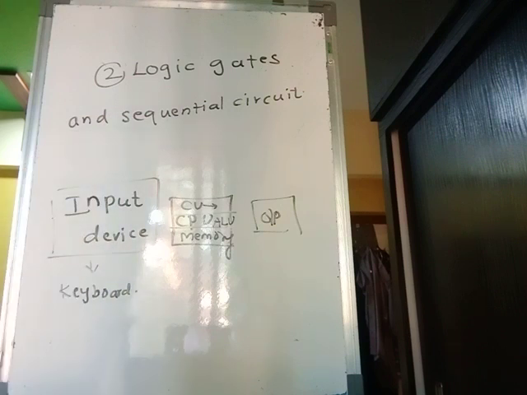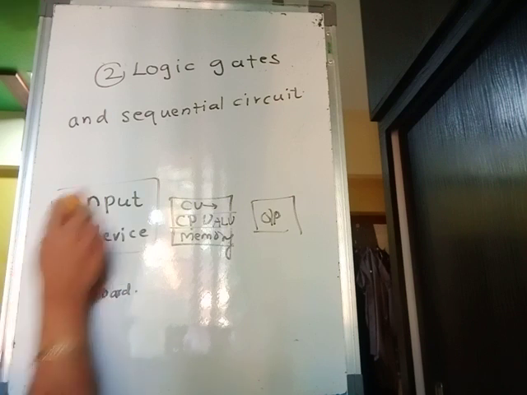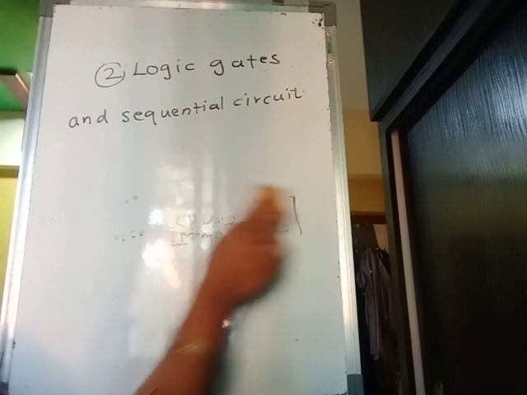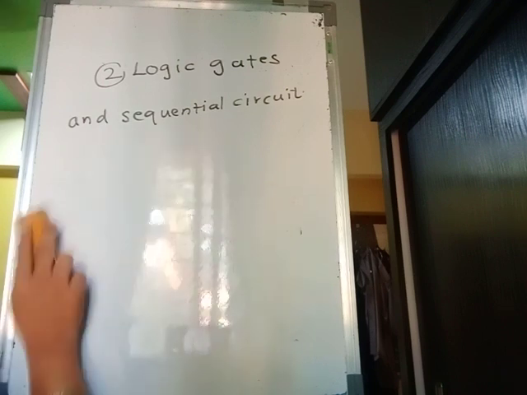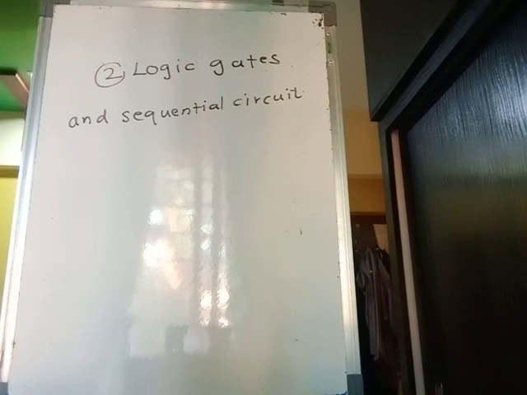Now what is the definition of logic gate then? The logic gates are the basic circuits. I am giving you that definition on the board. You can note it down.